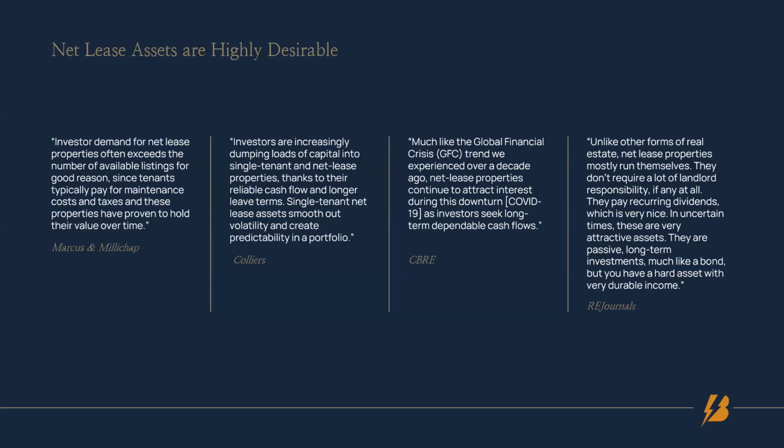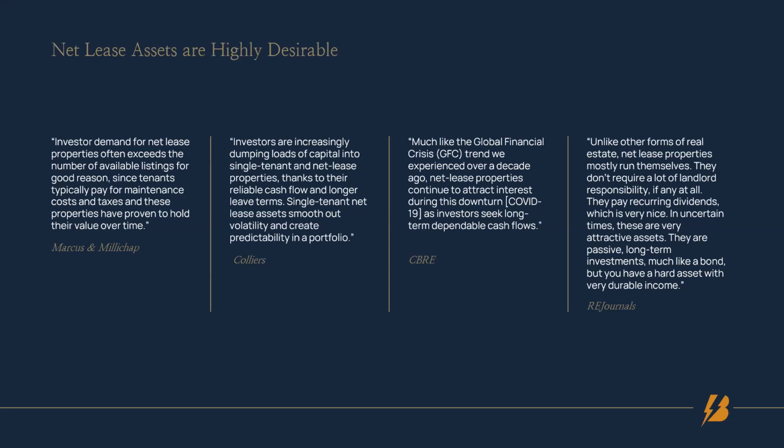So these net lease assets are highly desirable, right? People like Marcus and Millichap, Colliers, CBRE, some of the largest brokerage houses in the country, have said that these types of assets, single tenant net lease, smooth out that volatility and create predictability in a portfolio. They're highly sought after because of that long-term dependable cash flow, right?